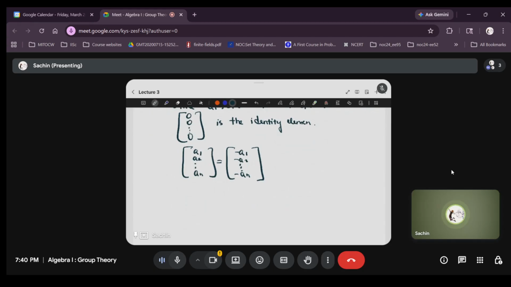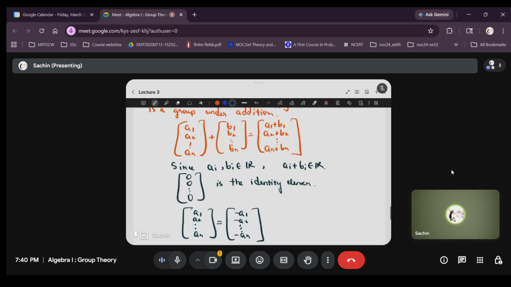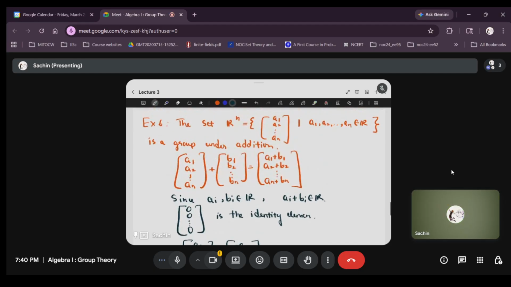In this way, I've written it for real numbers, but for any group G, you can take a vector of n elements where each of the elements is a group element. Then that will also be a group under component-wise addition.